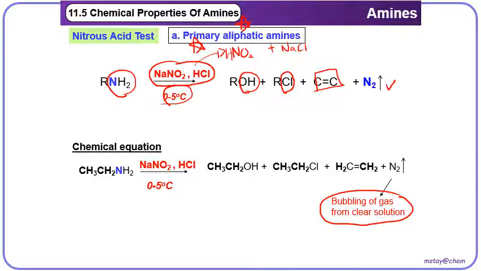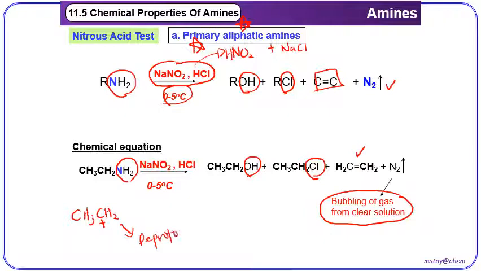So let's look at the example here. Just now we said the NH2 is going to be replaced with the OH, and the H2 also will be replaced with the Cl. Imagine the CH3CH2NH2 has the NH2 taken out, so the CH2 does not have enough bonds and it will become a carbocation. To form the alkene, we need deprotonation.